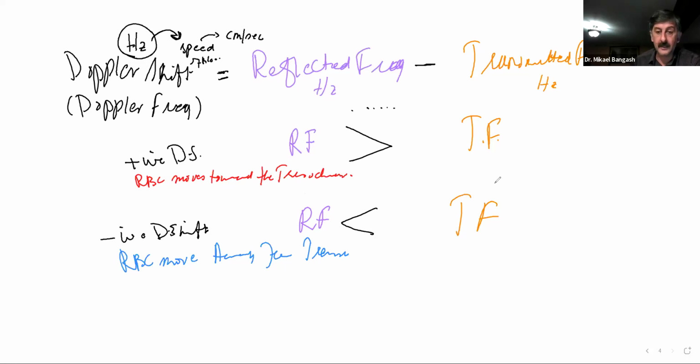that may just mean that the red blood cells were moving away from the transducer. So in those war movies or documentaries, you may hear that it just diminishes.